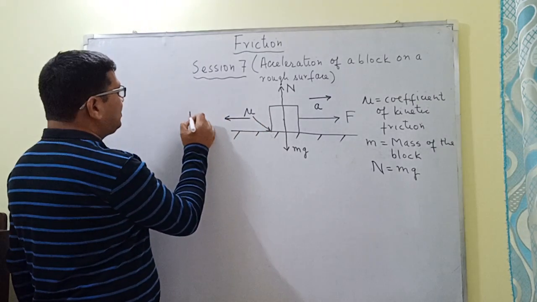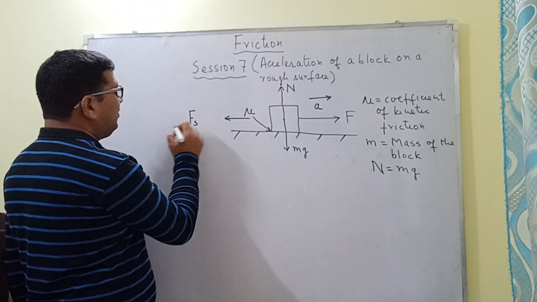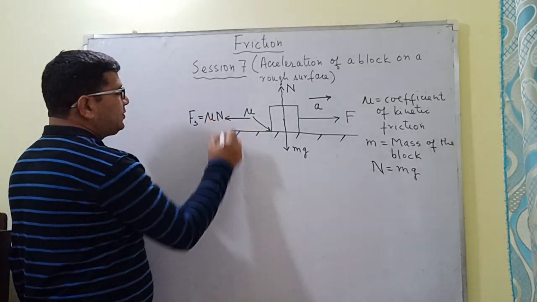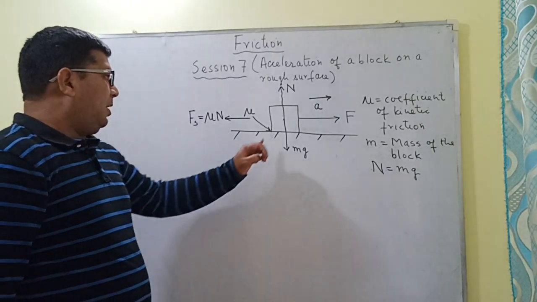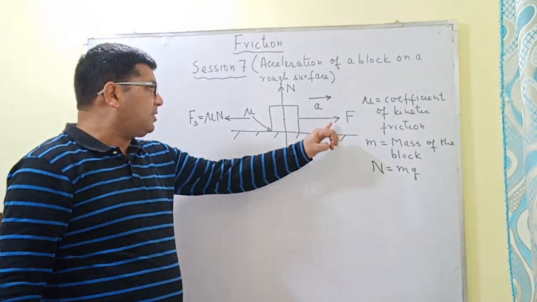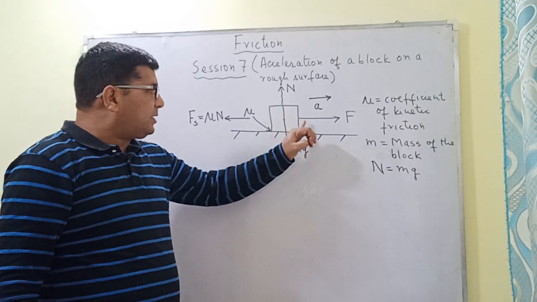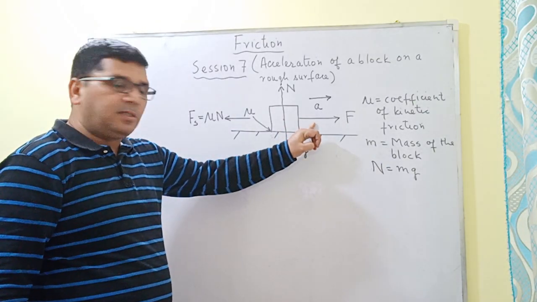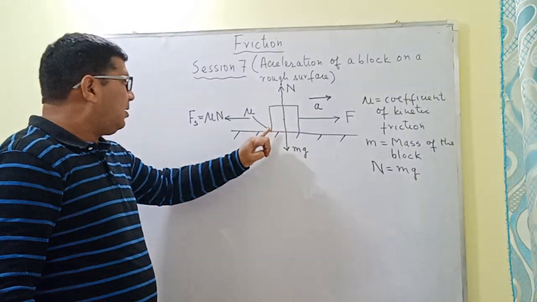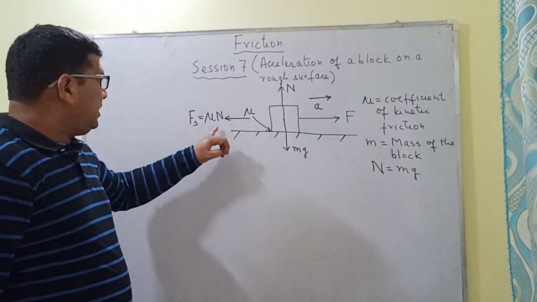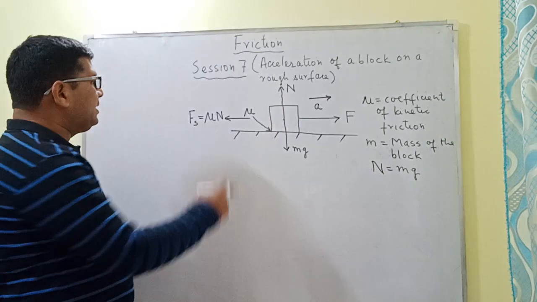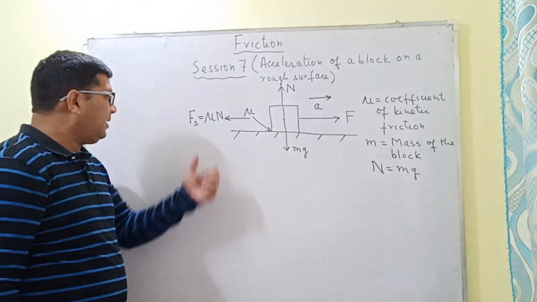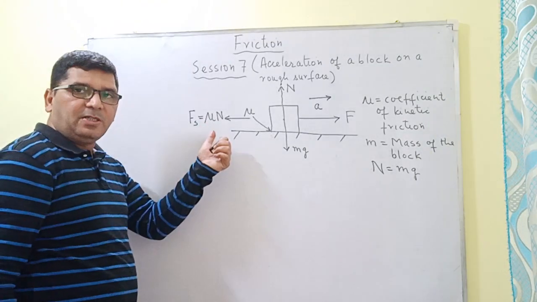Let us denote this frictional force by, let us say, Fs. This frictional force is equal to mu into N. Now, since the force is applied in this direction and the body is moving in this direction, and friction opposes the relative motion, therefore the frictional force will be acting in this backward direction, which will be equal to mu into N, and this mu N is the limiting value of the friction.